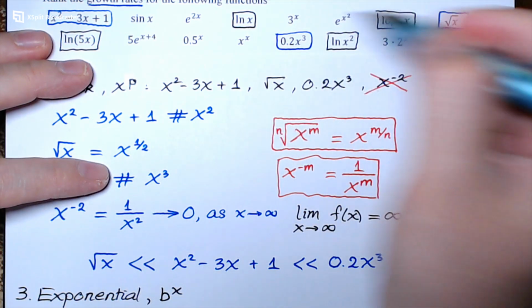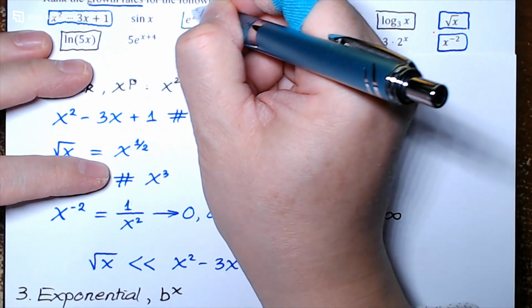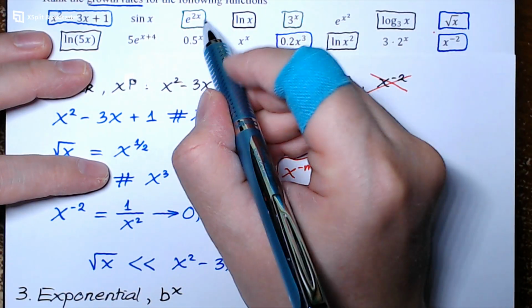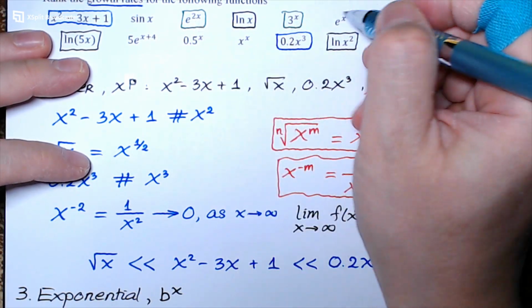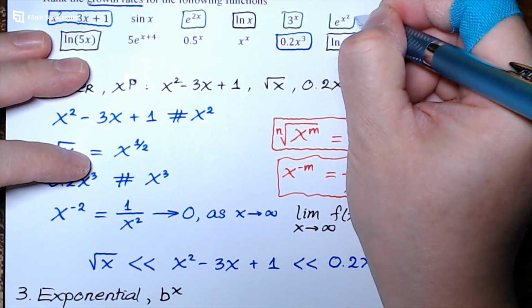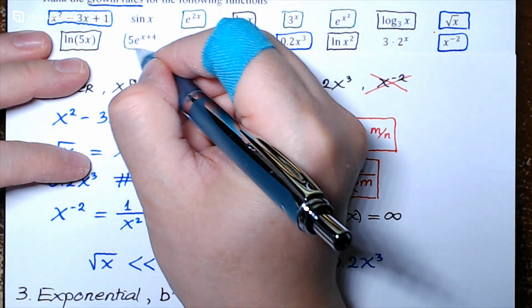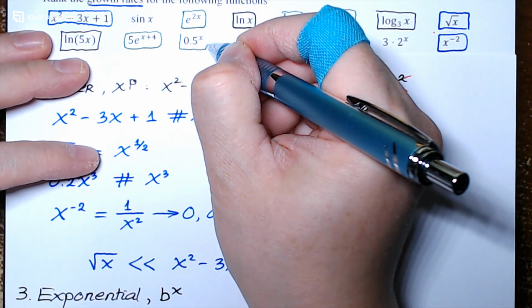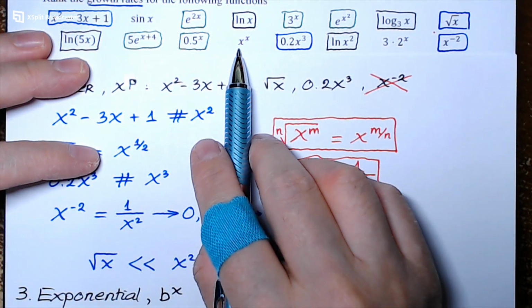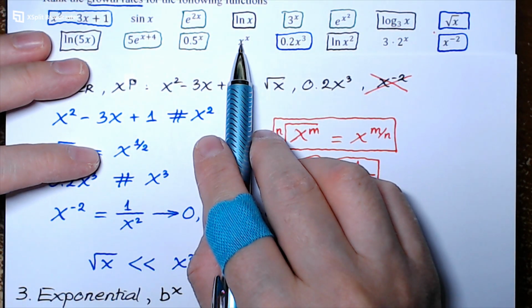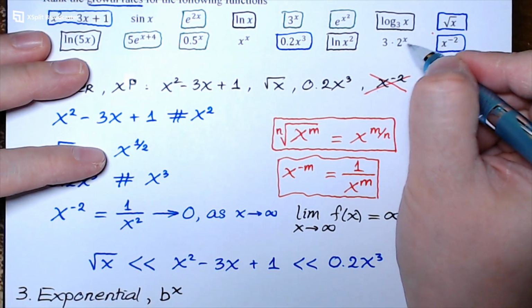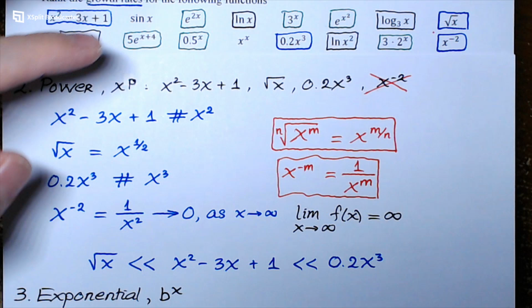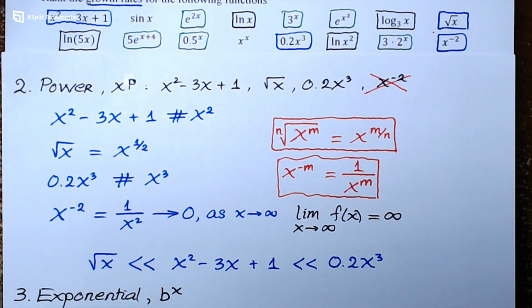So we have this e to the 2x, 3 to the x, pretty much the variable in the exponent. Therefore, exponential functions: e to the x squared, 5e to the x to the 4th. This is also in that category. This is the fastest, maybe. And then this. Of course, sin x is a wave. We'll talk about that later too.